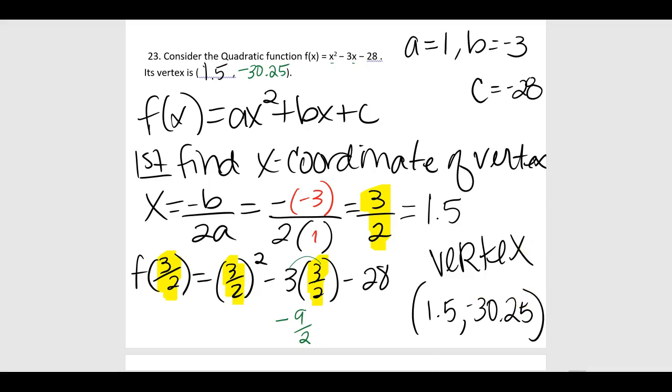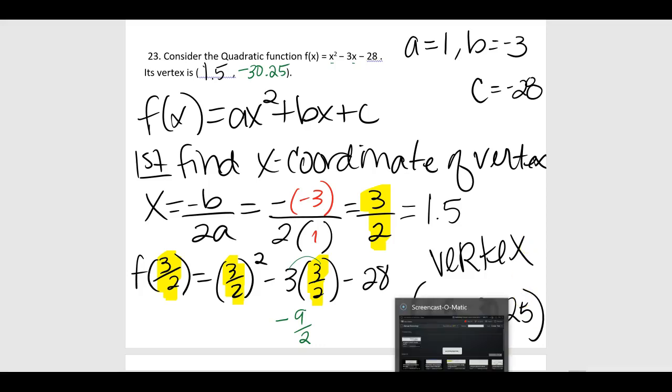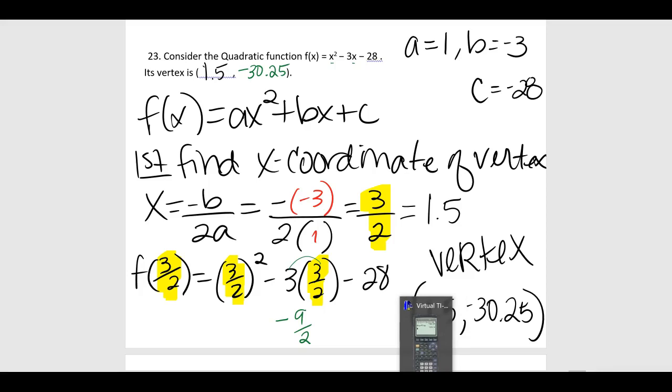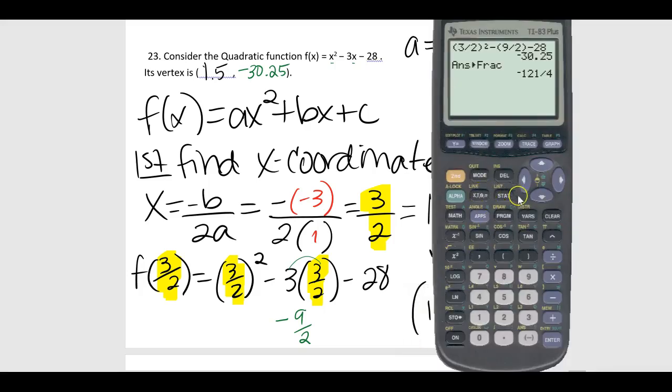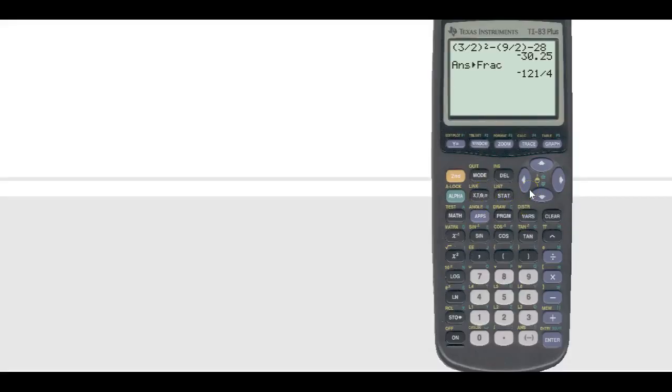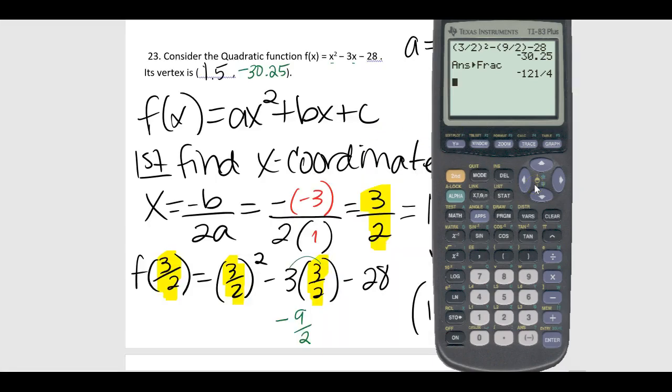Since we're talking about this, let me also show you how you can graph a quadratic and kind of check your work. So let's say I wanted to graph this quadratic and calculate the vertex using the calculator. So the way that you would do that is you would go to y equals, and we're going to put in the quadratic here.